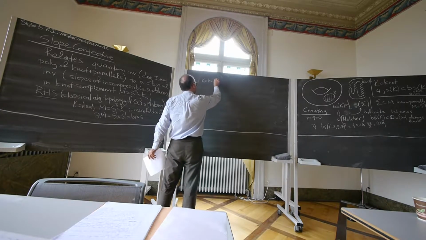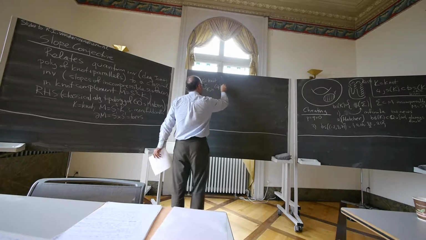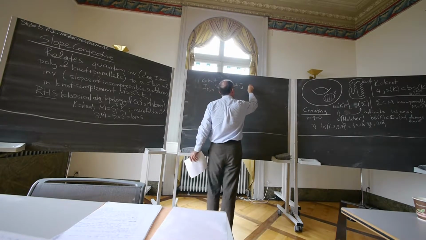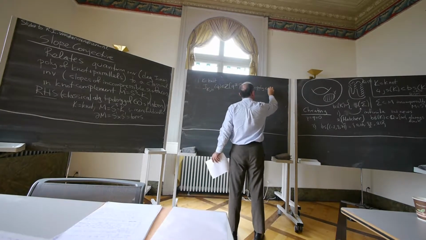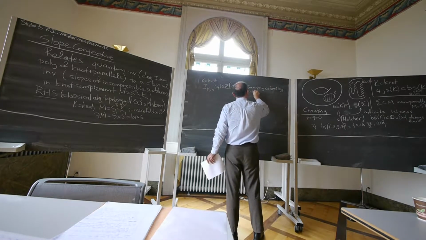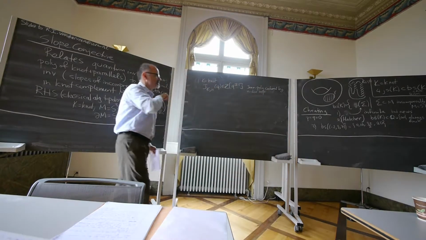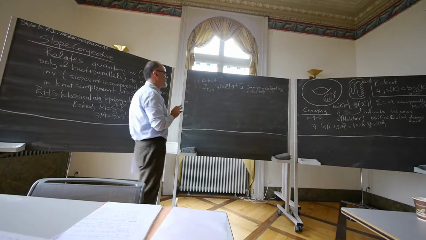So K is a knot, and then J_K of n is the Jones polynomial colored by the n-dimensional representation, as Tan, for instance, told us a lot about yesterday and really defined it.